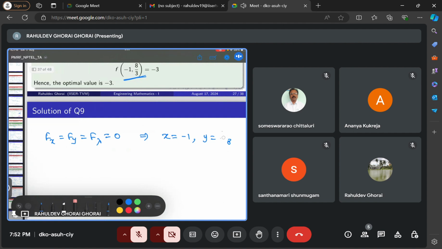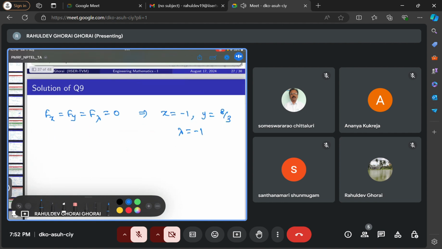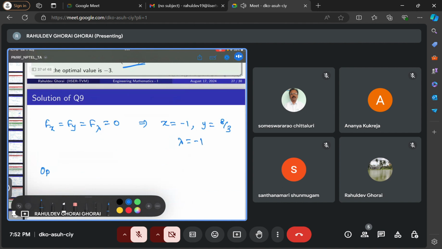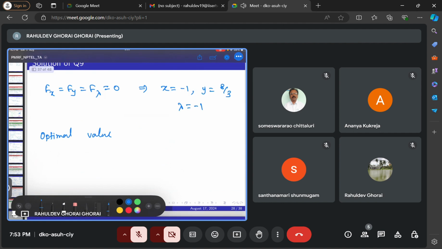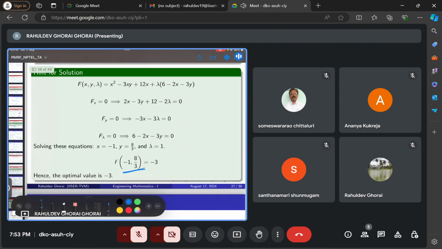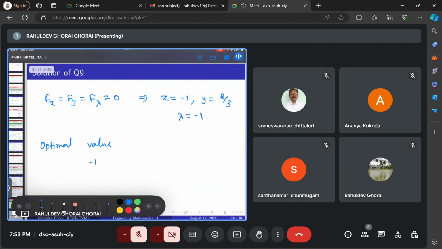So now the optimal value will be at (-1, 8/3). So x square, so minus 1 square.